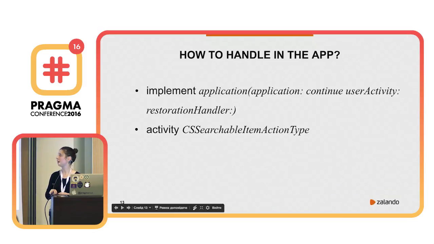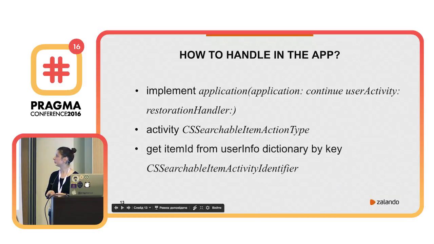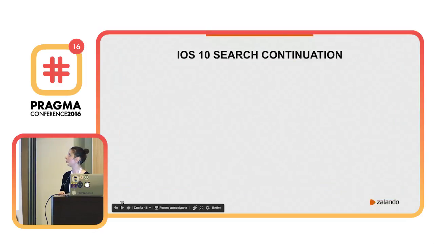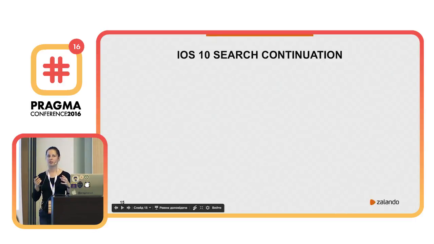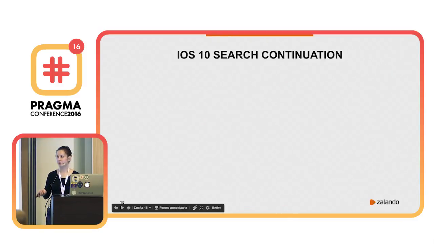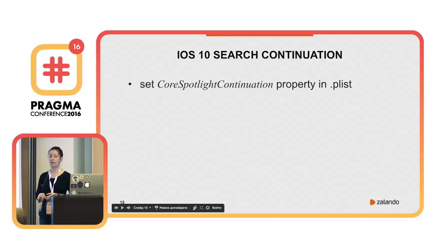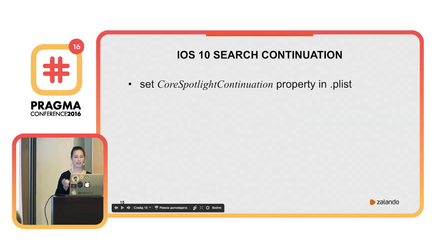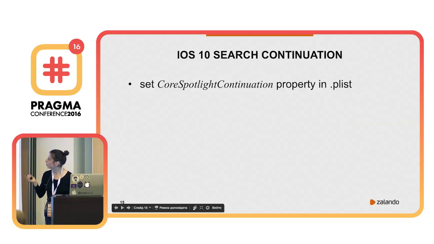It was in iOS 9. What do we have that's new? We have something in iOS 10, and it's called search continuation. What is this? Search continuation allows us to continue search from Spotlight in our application. It's really useful because before it was not like that. So what do we need to do? Again, we need to add this property to the plist.